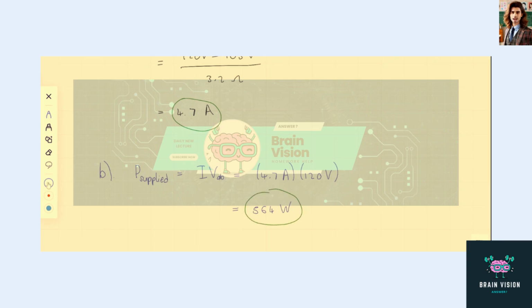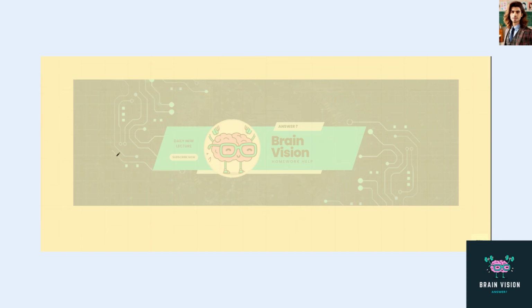Now that we have the power that is being supplied to the motor, we want to know the mechanical power that the motor develops. So that's different from the power that is supplied to the motor. So the mechanical power we'll call P subscript mech, and this is I times VAB minus I squared r.